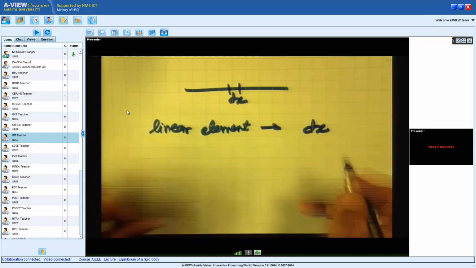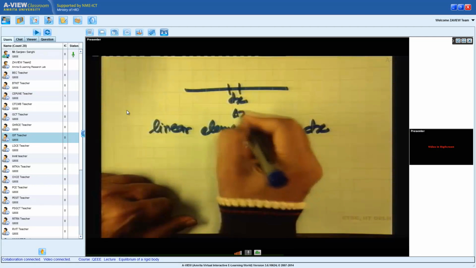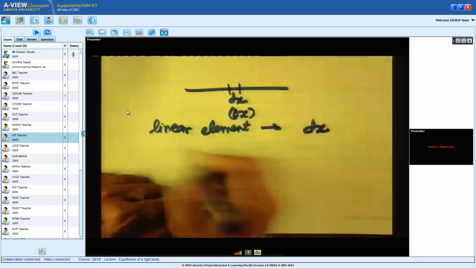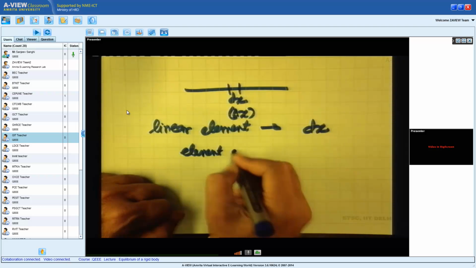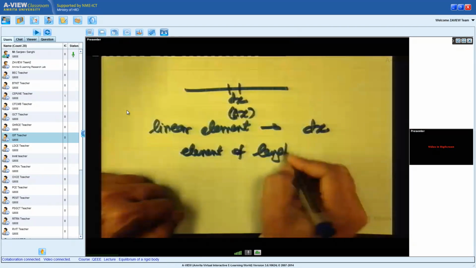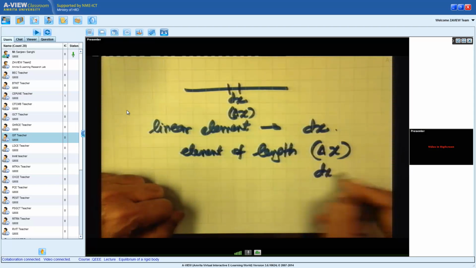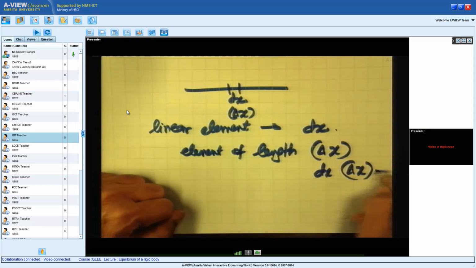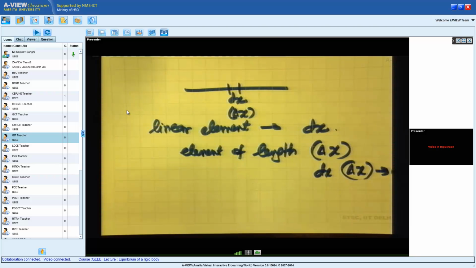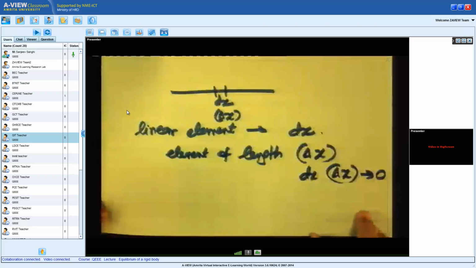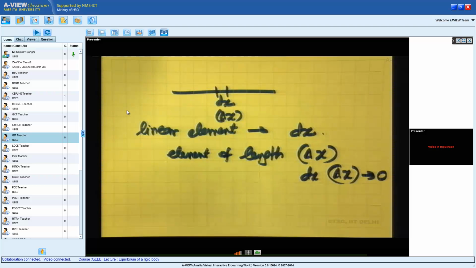What we mean is that this is basically an element of length delta x, and when we say dx, this means that eventually we will take delta x going to 0. That is what gives us dx.